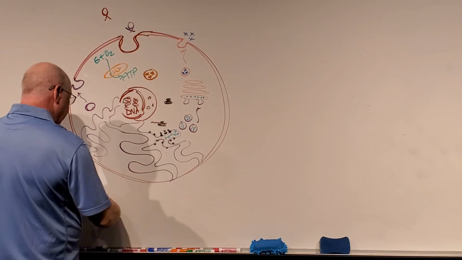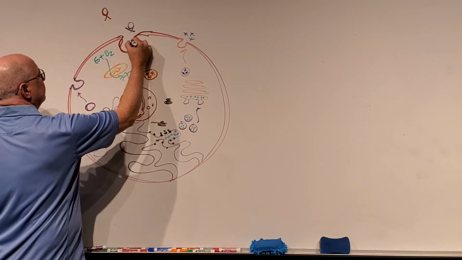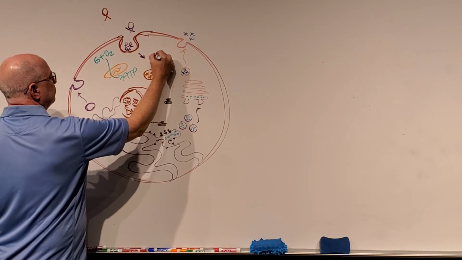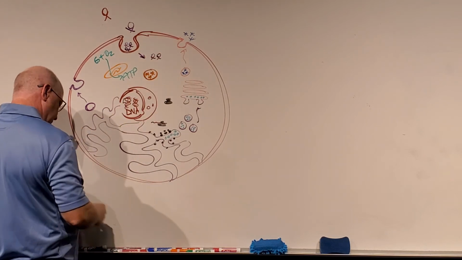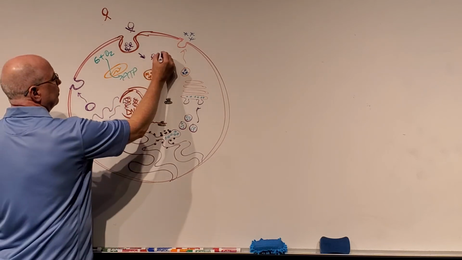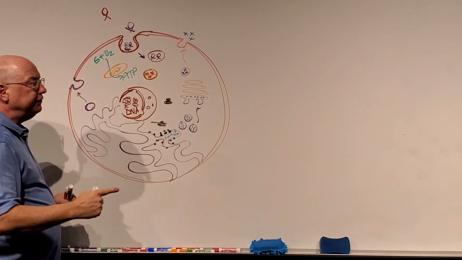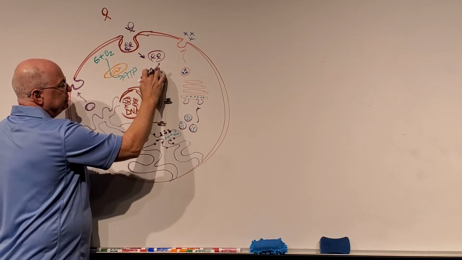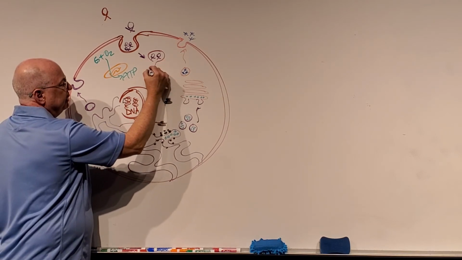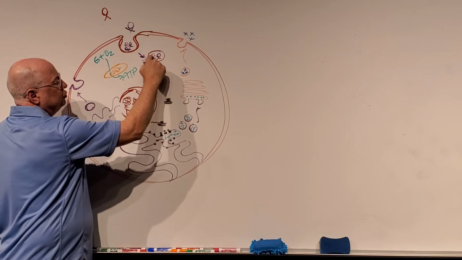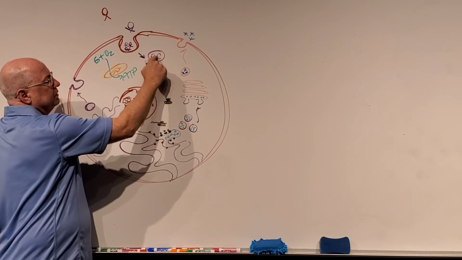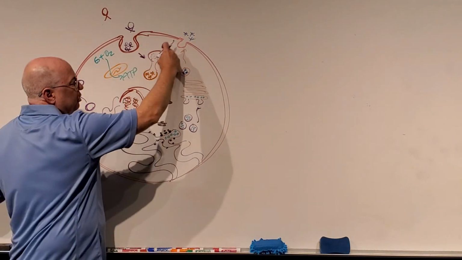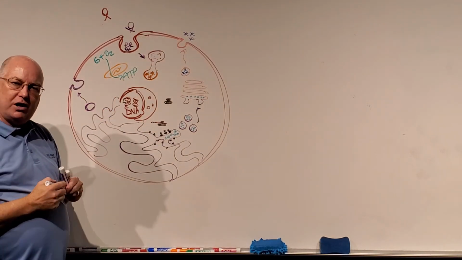And as it does that, it can take in a bunch of these bad guys and pinch it into a little vesicle. If I fuse this vesicle with that one, these enzymes, as these two vesicles get fused together, these enzymes will destroy that foreign substance, literally break it down or digest it, and then we can go and release that stuff out of the cell like trash.